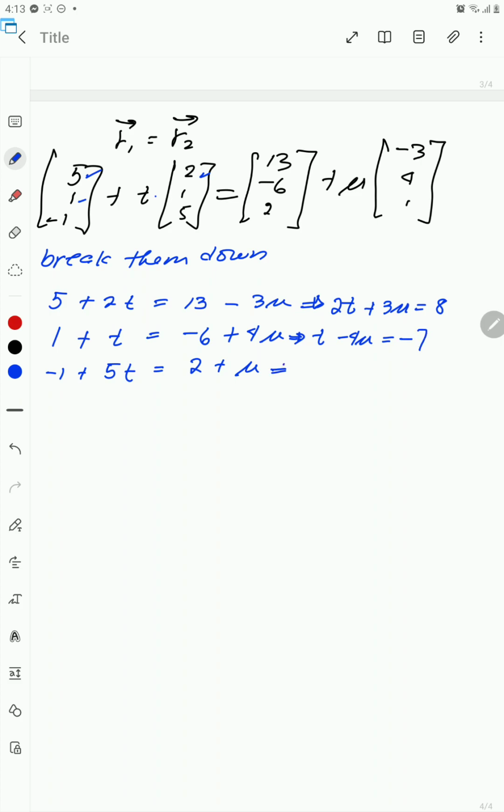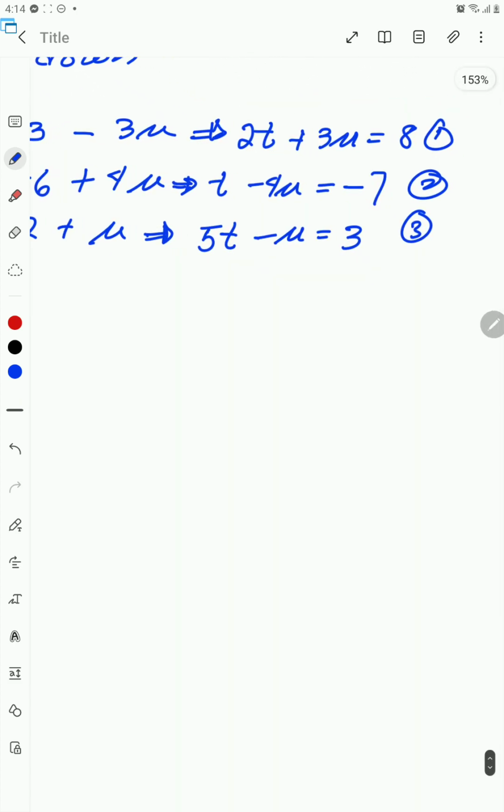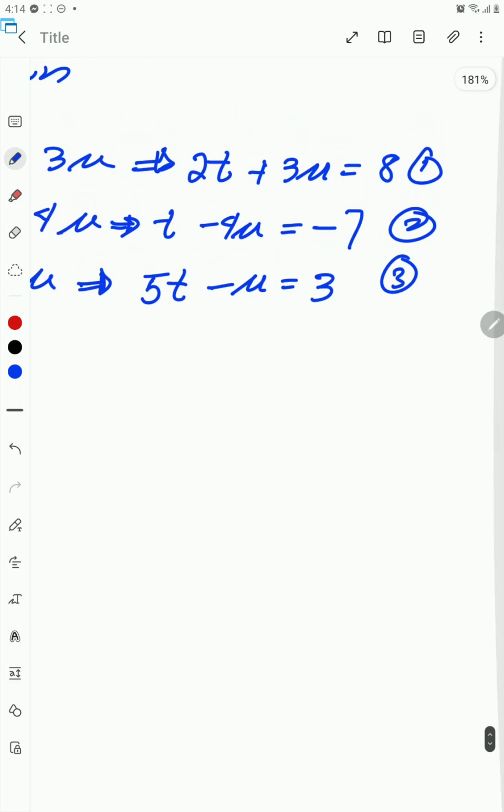And the third one can be transformed into 5t minus mu is equal to 3. So we have now three equations, and we're going to find the t and the mu that will satisfy them.